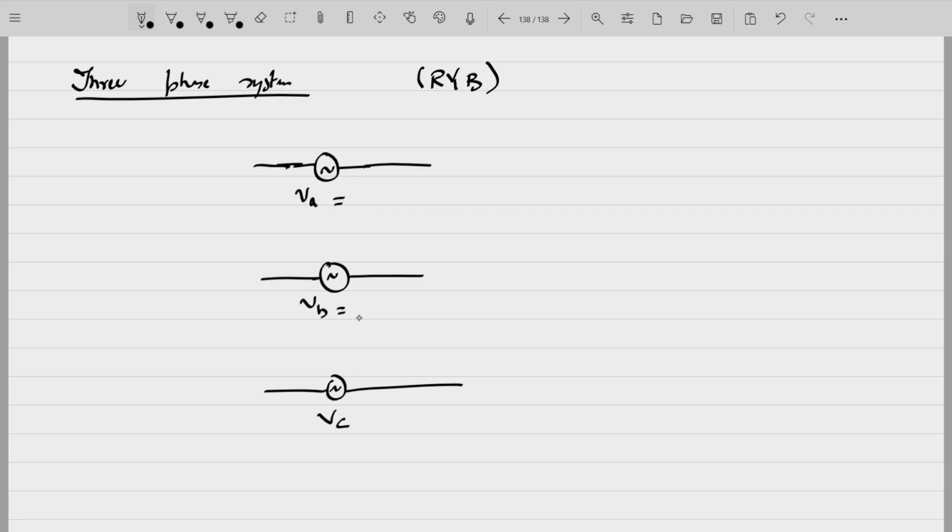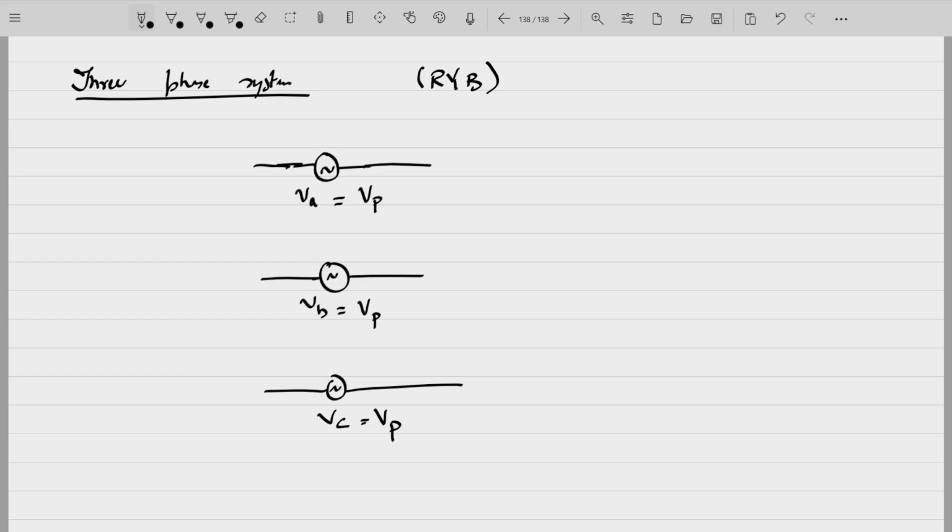As I told you, these three phases will have the same magnitude. So let us say the magnitude of these three phases is Vp. Okay, so we have three different AC sources, VA, VB, and VC.